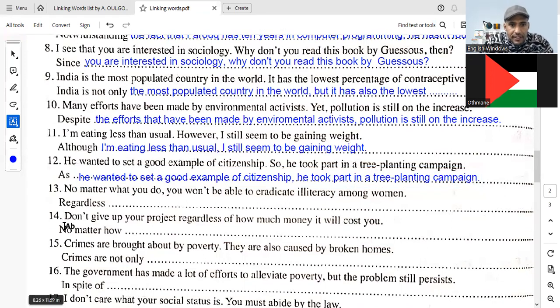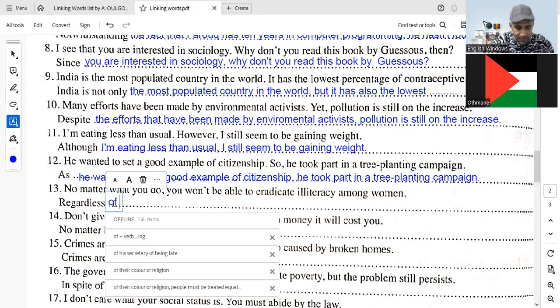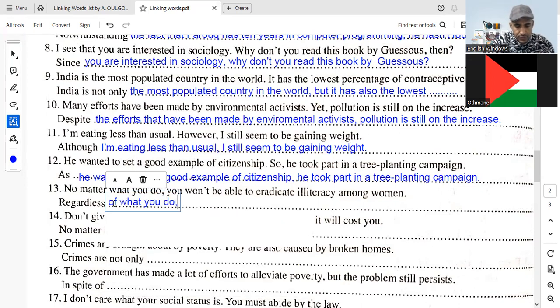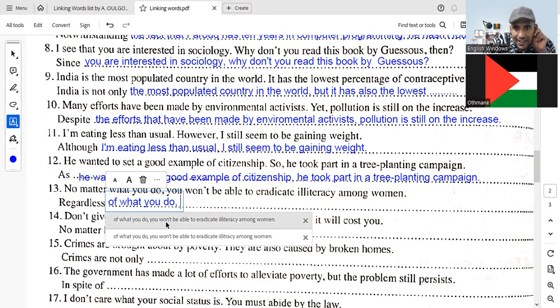Number 13. No matter what you do, you won't be able to eradicate illiteracy among women. We have here regardless. Regardless of what you do, you won't be able to eradicate illiteracy among women.